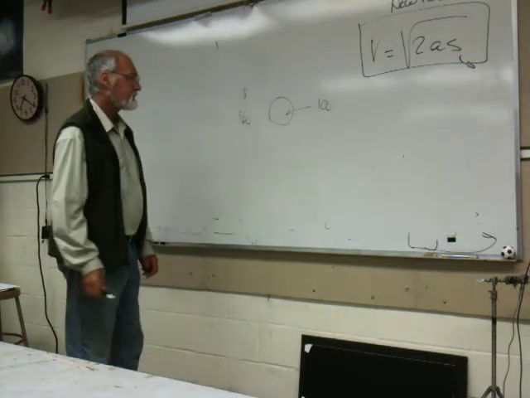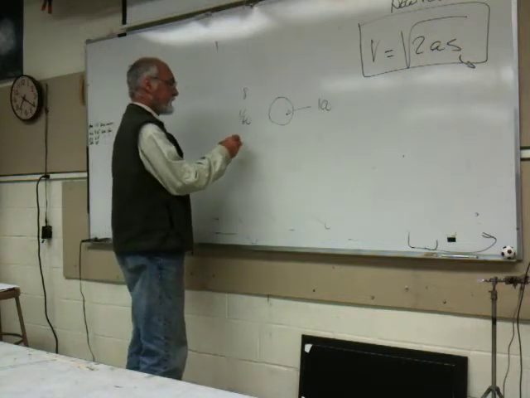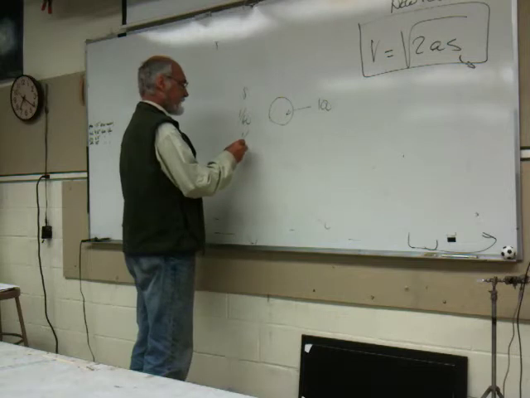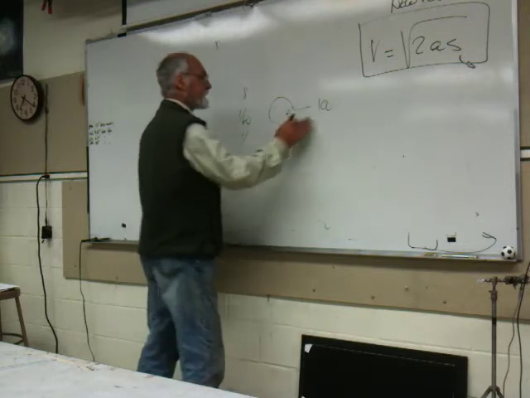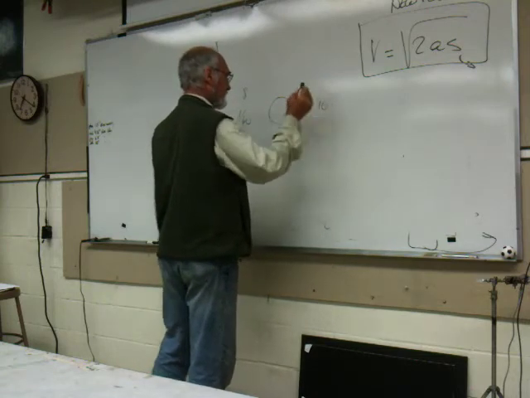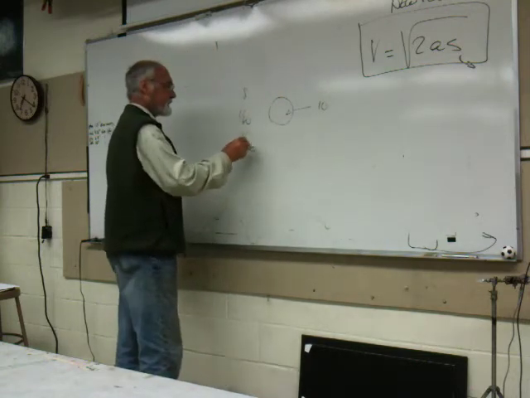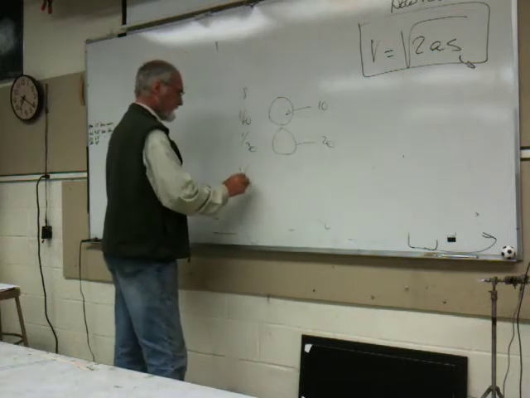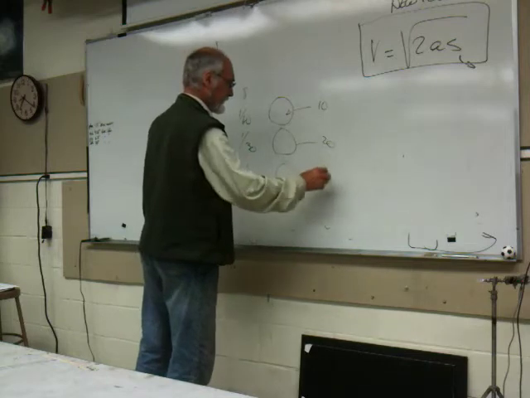Then you do another one on a 30th, and now you measure it, and it turns out to be 20. And then you do the 15th, and it measures 40.